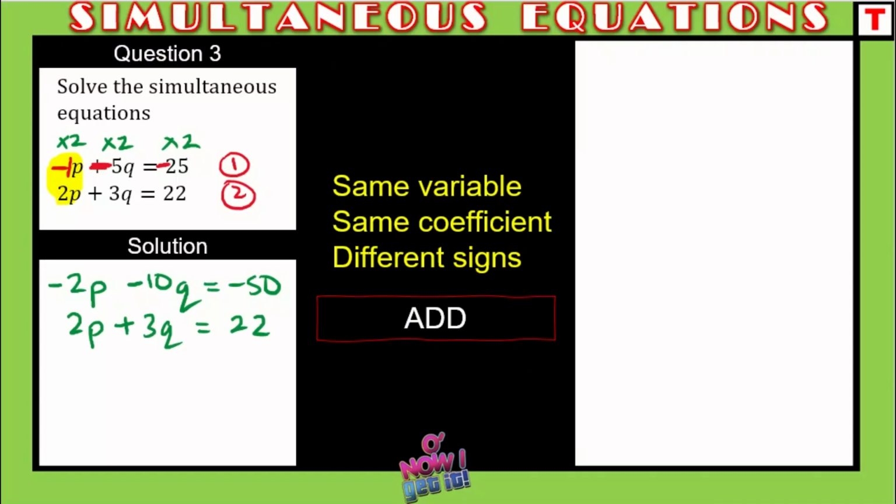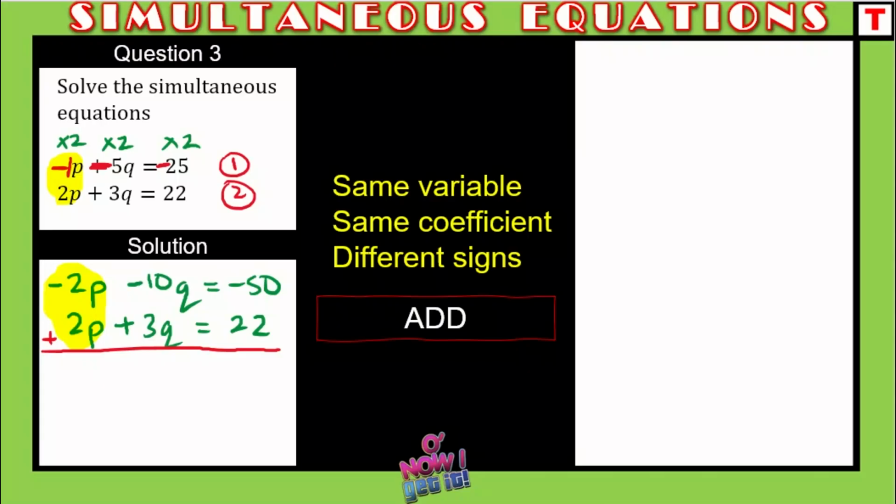So again, let's do the comparison so we can see this is what we wanted. Okay, we want the same variable. We want the same coefficient, but we want different signs on those coefficients. So this is where we are at the moment, and we're now going to be adding.